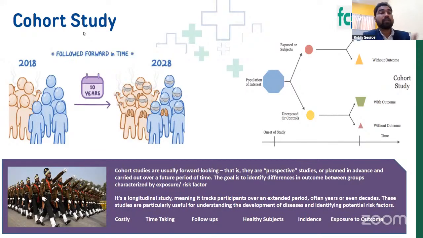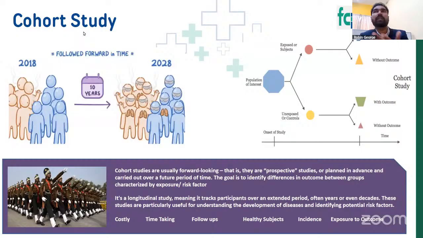Then I follow them year by year: 2018 becomes 19, 20, 21, 22, up to 28. By 2028, I see that 45 of the 50 who took nicotine got lung cancer. Only 1 of the menthol group got lung cancer.